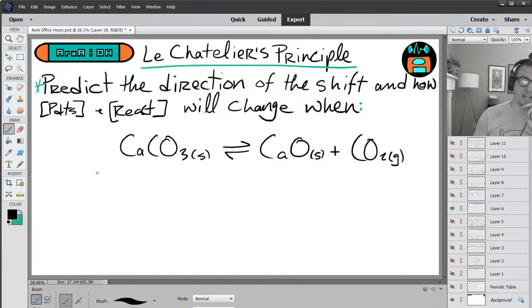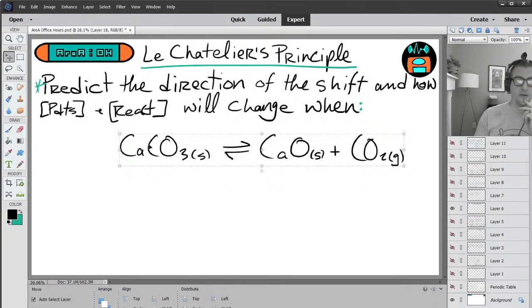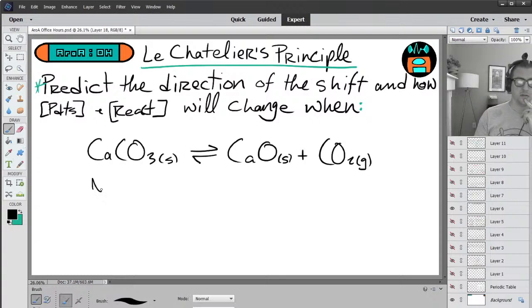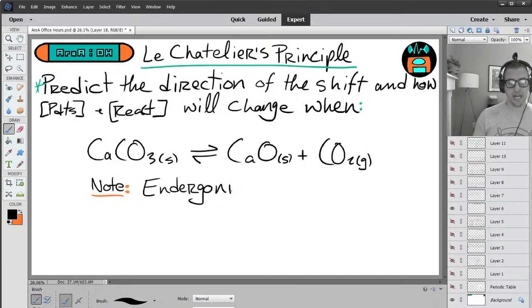All right, and note something that I want to point out here. This reaction is endergonic. All right, this reaction is endergonic. Now, you'll see where that comes into play in a moment.